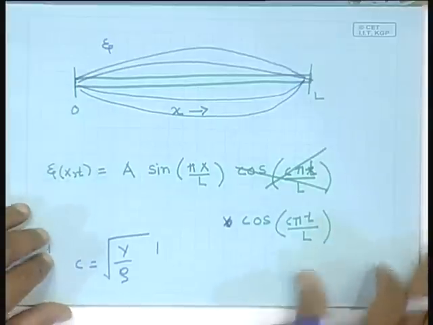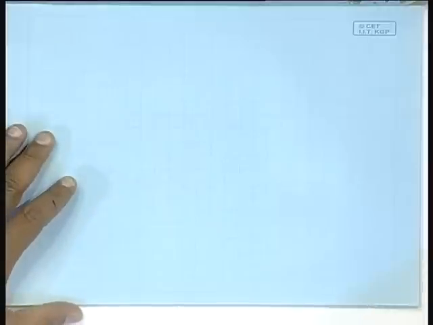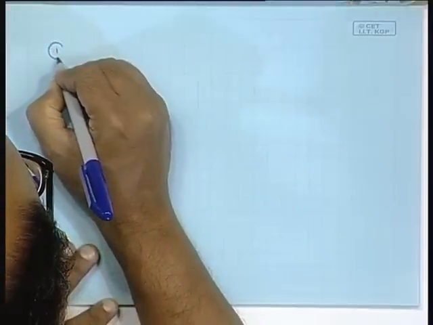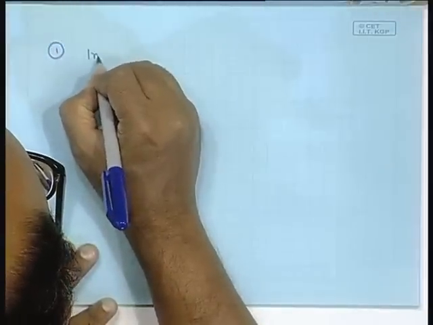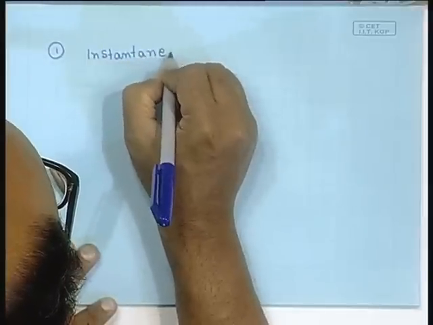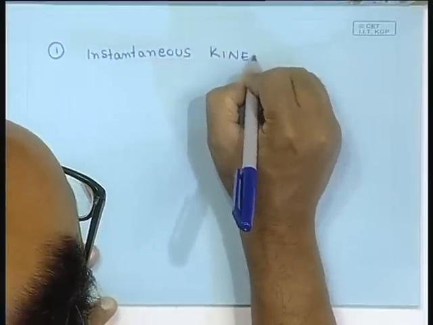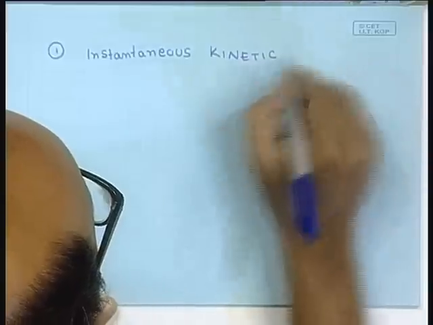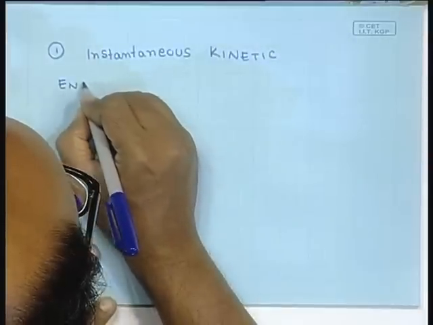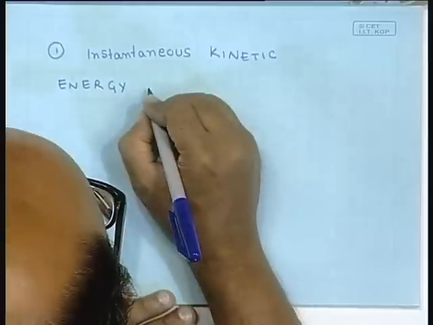Now, the problem which we would like to address is as follows. We have to calculate two quantities. The first quantity which we would like to calculate is the instantaneous kinetic energy per unit volume.